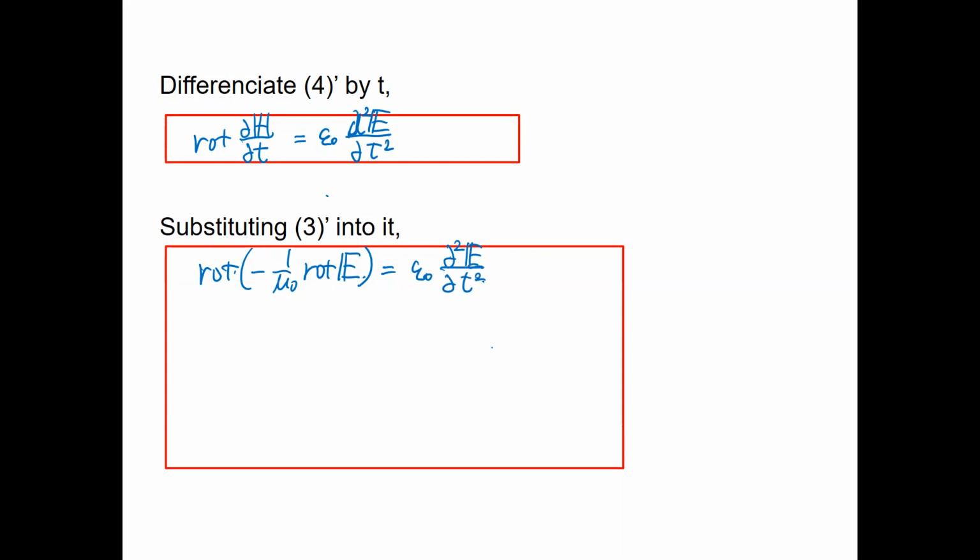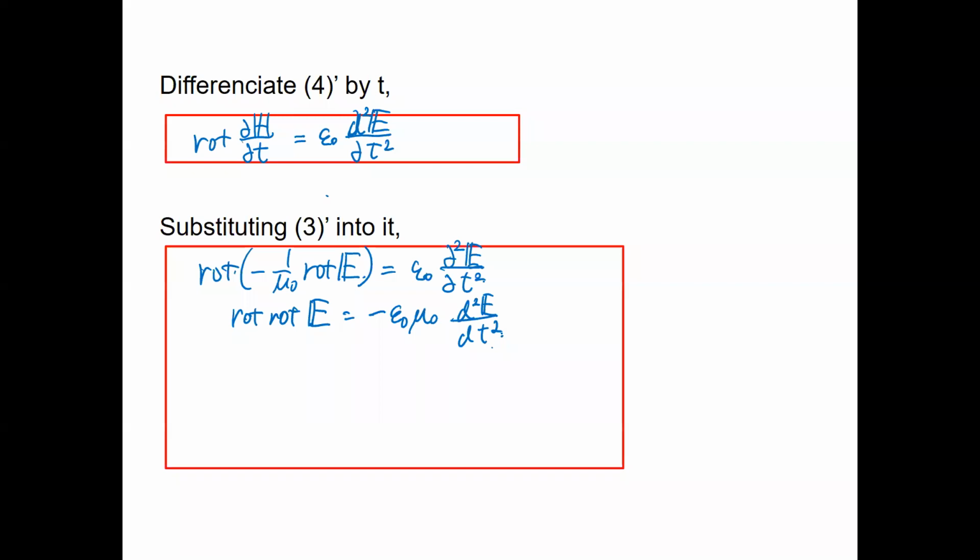Then a little bit clean up. Rotational rotational E equals minus epsilon 0 mu 0 d2E/dt2.